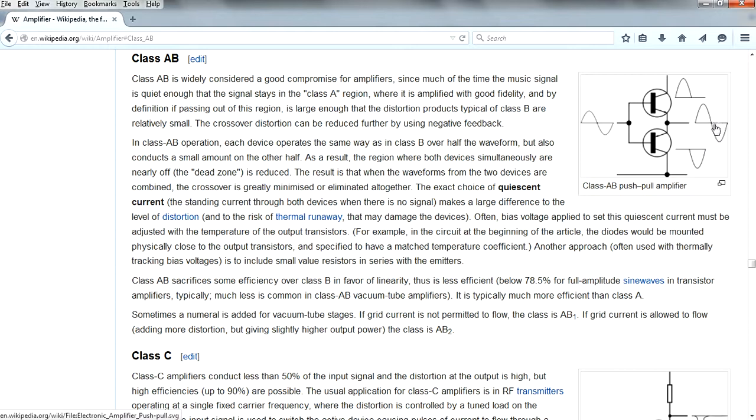However, as you know, there will be distortion over here, so the class AB amplifier comes in to solve this. However, you have 78.5%, so you have lesser accuracy, but it is better than class B. So class AB has a thing for class A and B. Just to let you know.